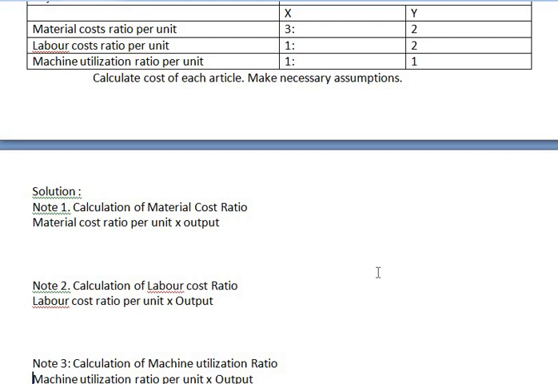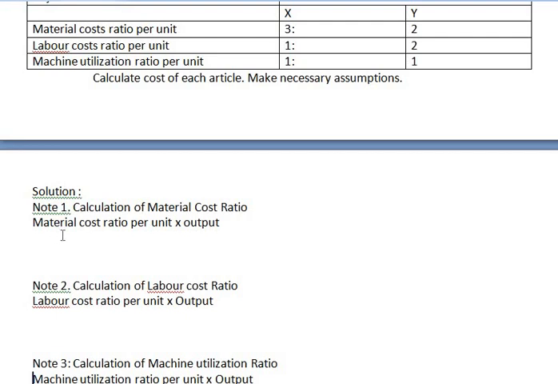Now next line, write down solution. Calculation of material cost ratio. Material cost ratio per unit into output. So here whatever ratio they have given, it is per unit. Output is already given in the problem.